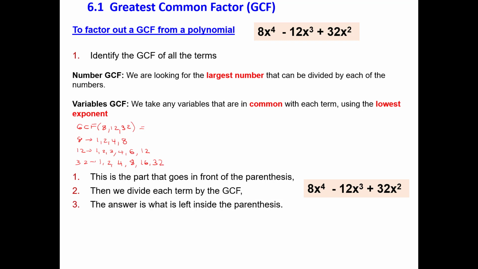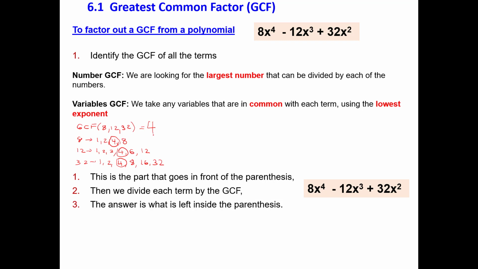Now we will find the largest common factor. We have 1 as a common factor, 2 is a common factor, but the largest common factor is 4, because 4 is a factor of 32, but 8 is not a factor of 12. Then the greatest common factor for the numbers is 4.